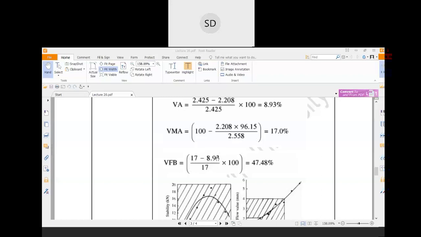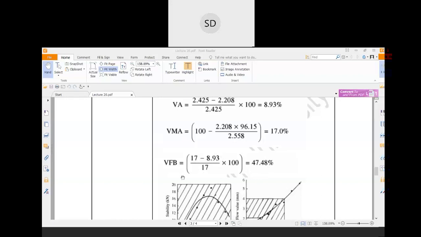These air voids would be filled up by the bitumen content, therefore we are considering the air void percentage which you calculated in the earlier step. So 17 minus 8.93%, divided by 17, into 100%, that is 47.48%.